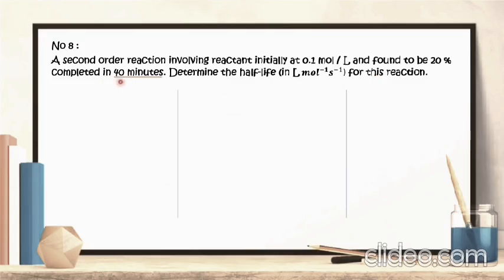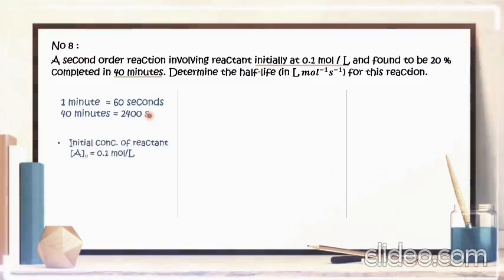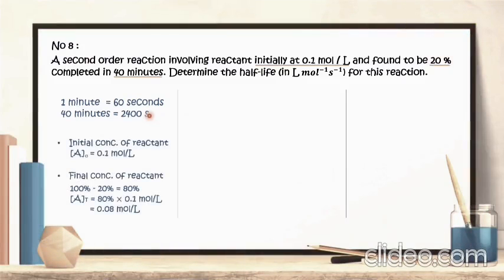From the question, given that the reaction is 20% completed in 40 minutes, therefore 1 minute is equivalent to 60 seconds, and we can convert 40 minutes to 2400 seconds. The reactant is initially at 0.1 mole per liter, so the initial concentration will be 0.1 mole per liter.